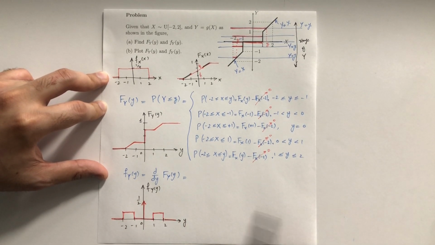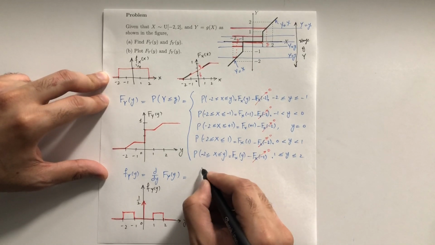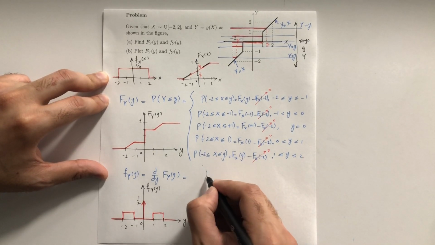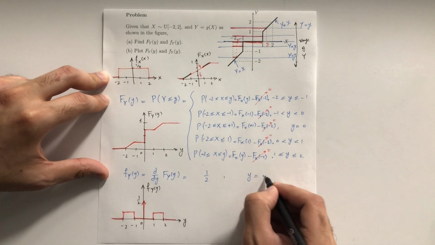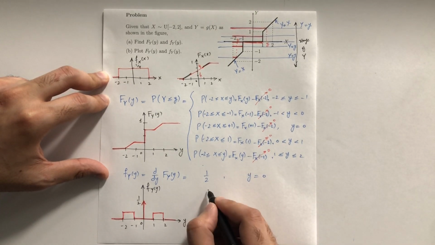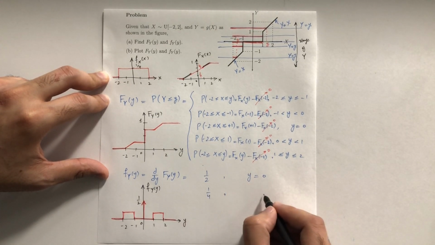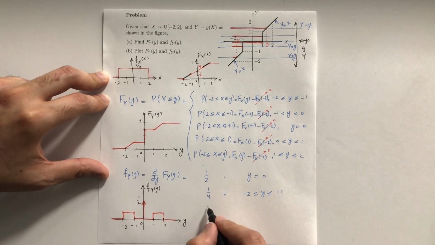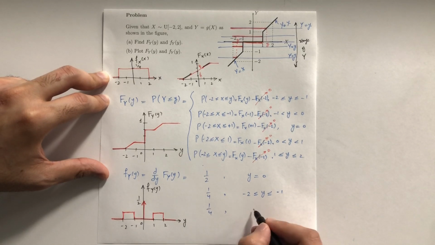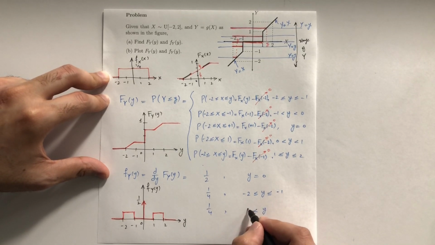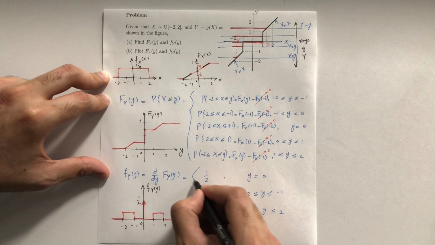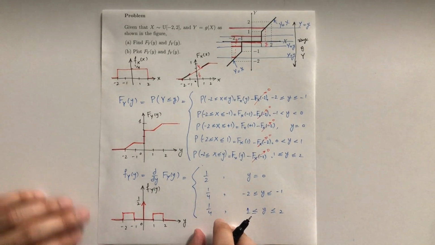So now we can simply write the density function as 1/2 if y equals 0, and it is 1/4 if y is between -2 and -1, and it is 1/4 again if y is between 1 and 2. So that's the density function.